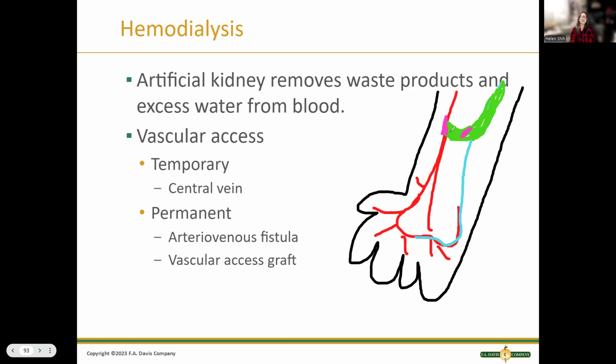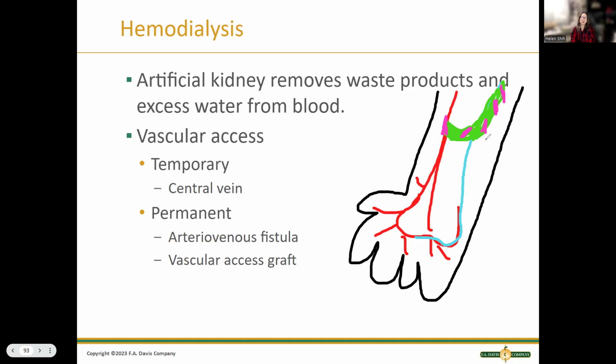And so, because we're accessing the blood supply so much, and we're cannulating with two needles every time they come to dialysis, if it was a regular vein and we were putting these large gauge needles into regular veins, those veins will blow very, very fast, meaning the veins will collapse and die off, and we won't be able to use it anymore. So what we need to do is strengthen the veins to make sure that it can withstand repeated cannulations as they do dialysis.